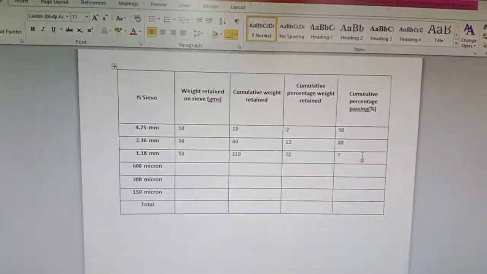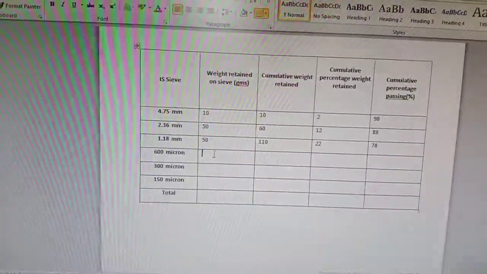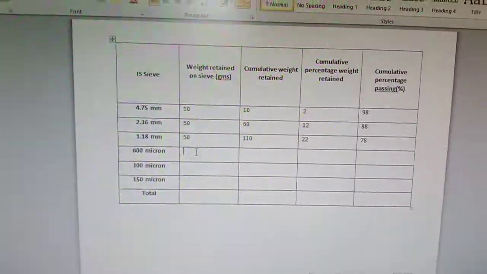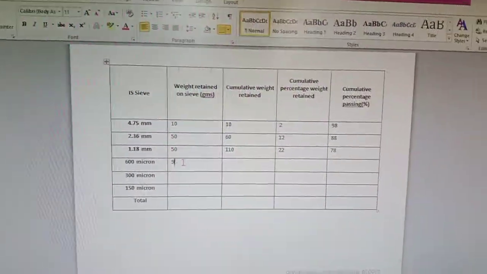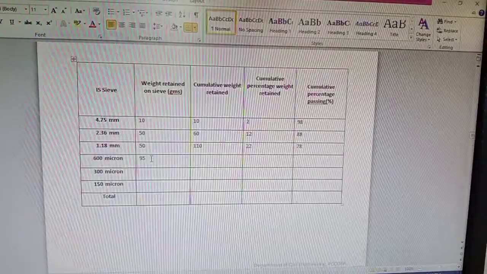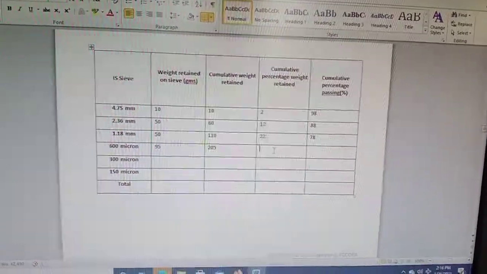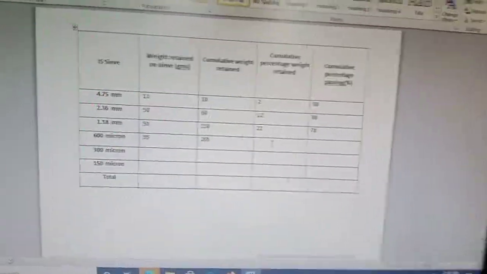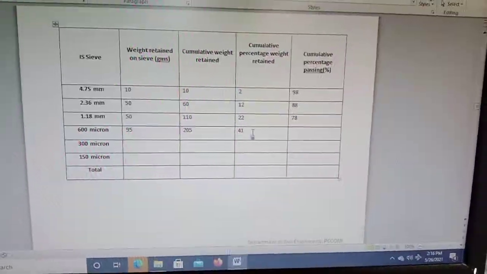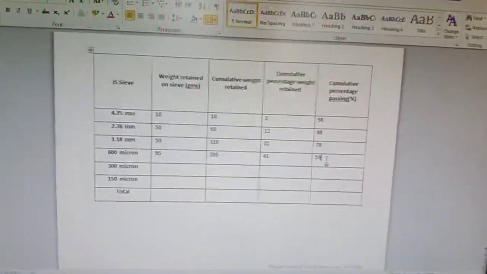So here it will come 78. On 600 micron, 95 grams were received. Then total will become 205, means 110 plus 95. So here it will come 41%. So here it will become 59.